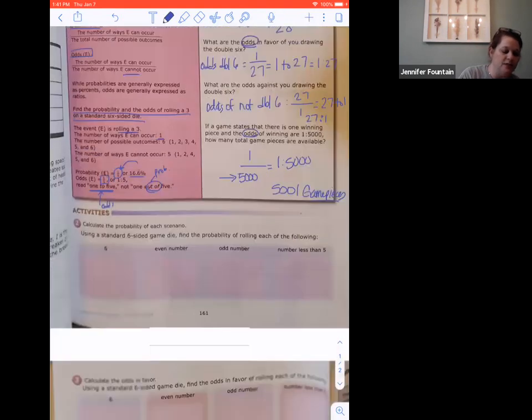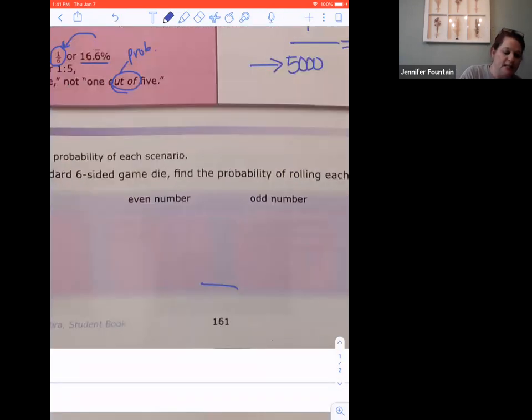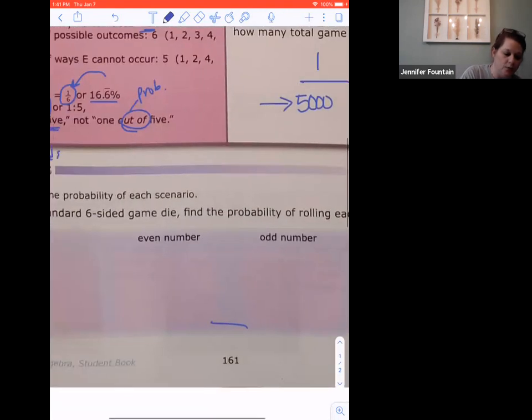All righty, so let's go ahead and look on down at activities 2. And it says using a standard 6-sided game die, find the probability of rolling each of the following.